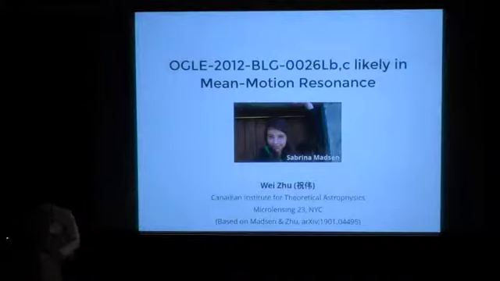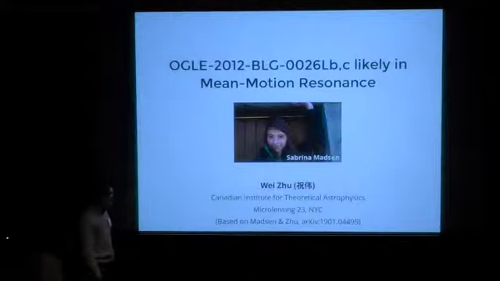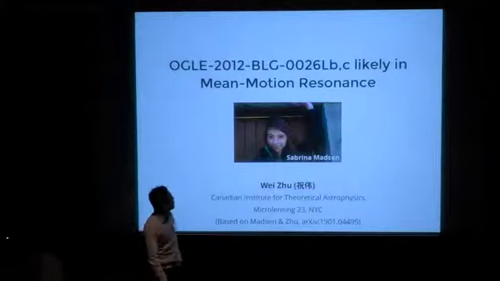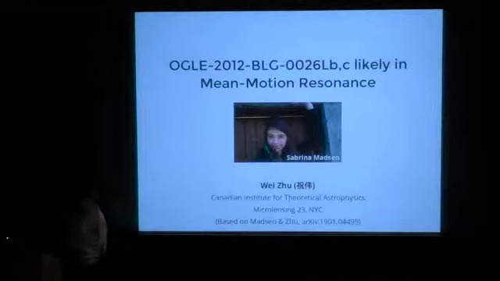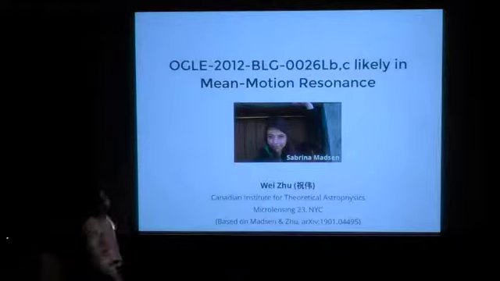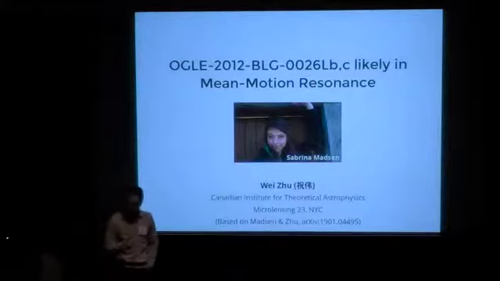Okay, our next speaker is Wei Zhu, talking about a pair of planets likely in mean motion resonance from gravitational microlensing. Right, thanks. So last year in New Zealand, I gave a talk about how to get constraints on the 3D orbits of planets from the stability analysis using this particular two-planet system as an example.